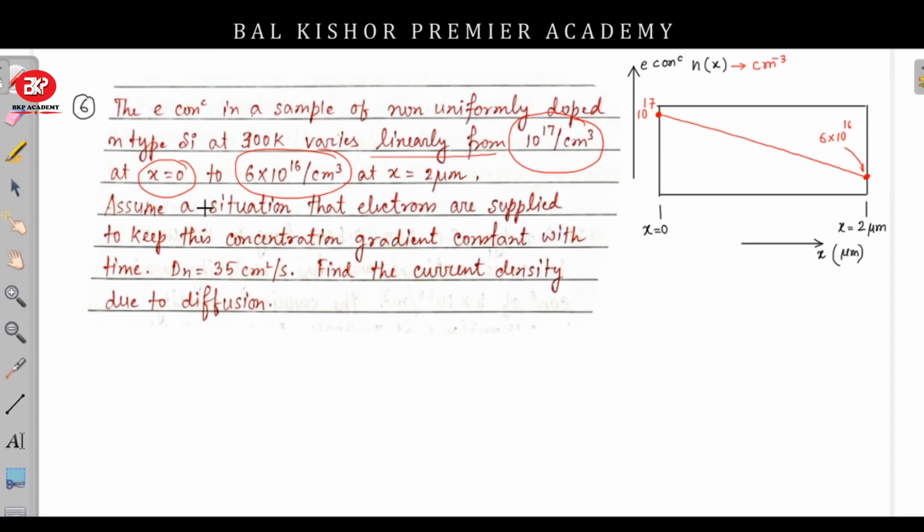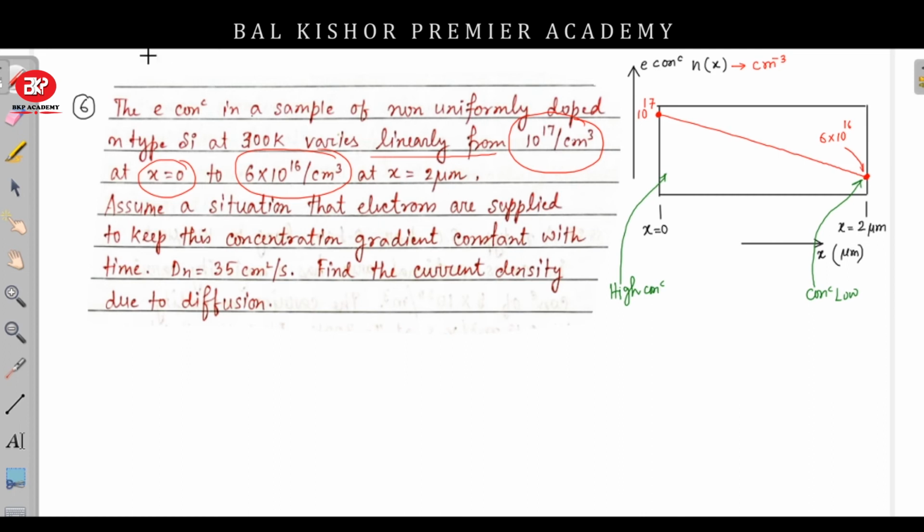So at this position there is a higher concentration of electrons and here a lower concentration of electrons. So we can say at this position the concentration of the electrons is high, and at this position the concentration is low.